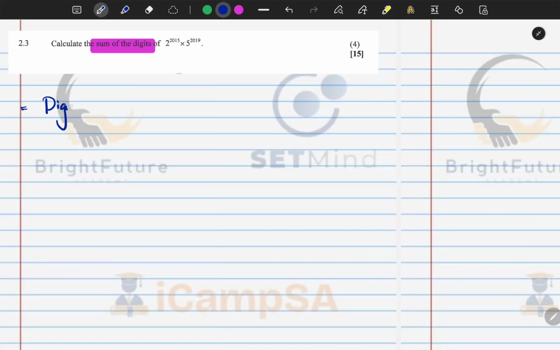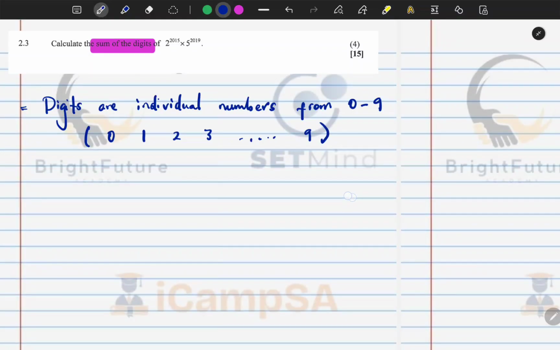Digits are the individual numbers from 0 to 9, right? So it's all your numbers 0, 1, 2, 3, and so on until 9.